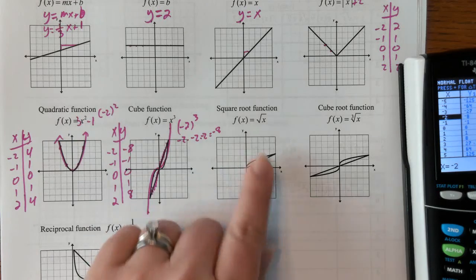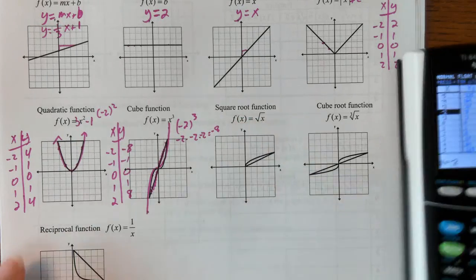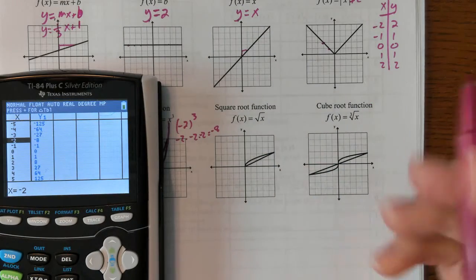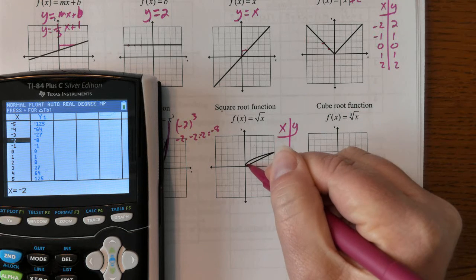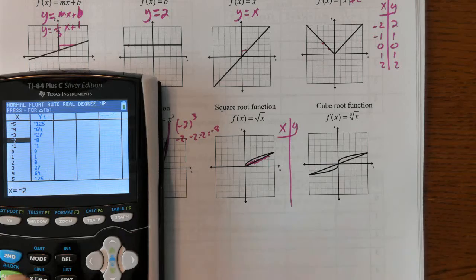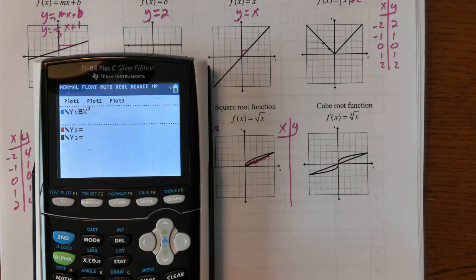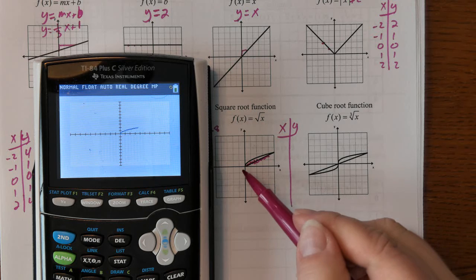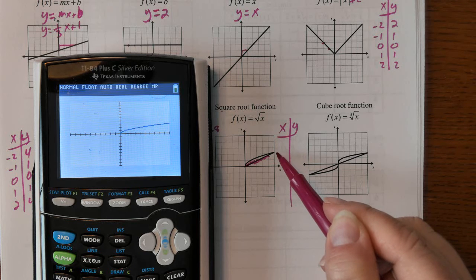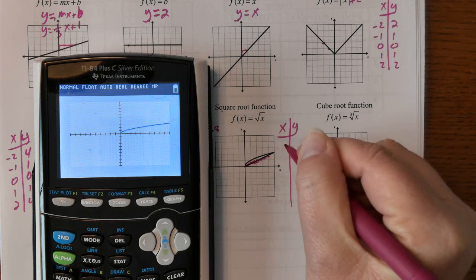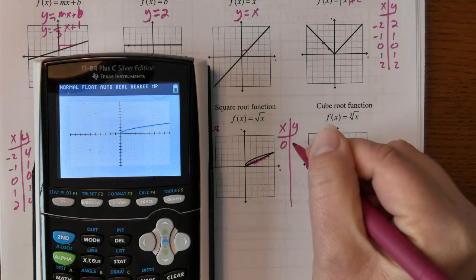Okay. All right, next parent function we want to look at is the square root function. If we made a table of values, again, I apologize for that little straight line segment. I'm not sure why that's there. Square root of x. Okay, now look at my graph. It starts here at (0, 0), and it kind of curves up and to the right. If you put in 0 for x, the square root of 0 is 0.